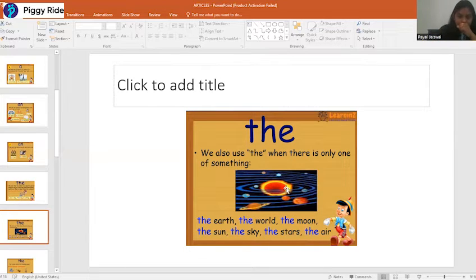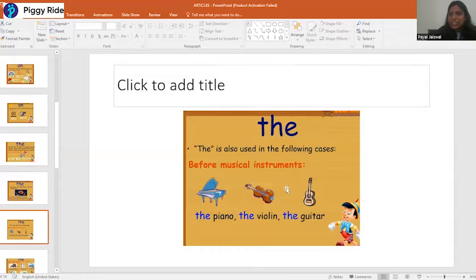Okay, now let's go to the next part. The is also used in the following cases, as for example, before musical instruments like the piano, the guitar, the synthesizer, the violin, the drums.